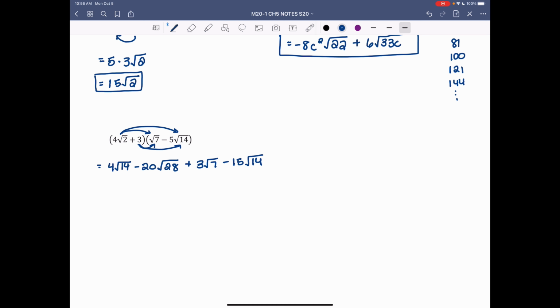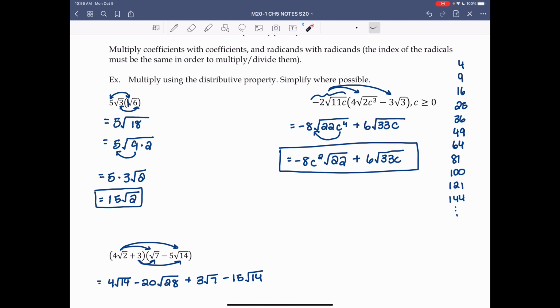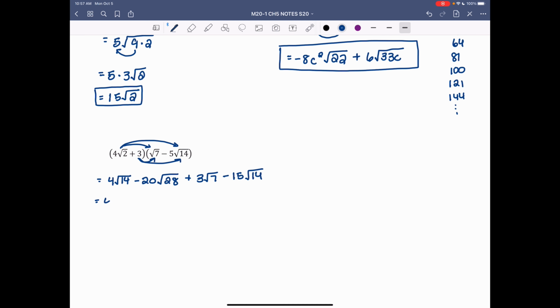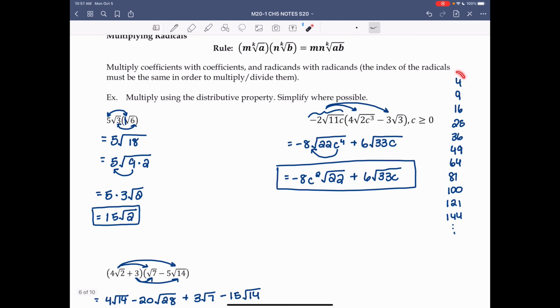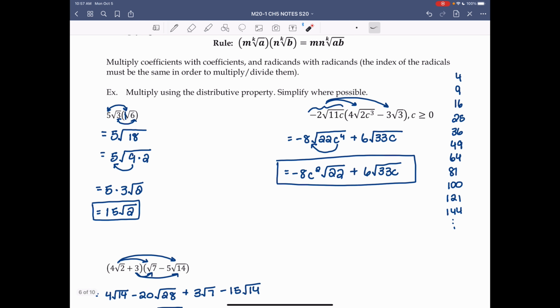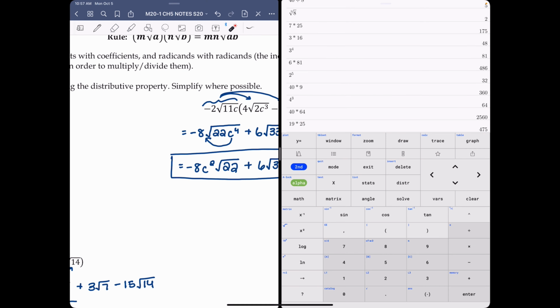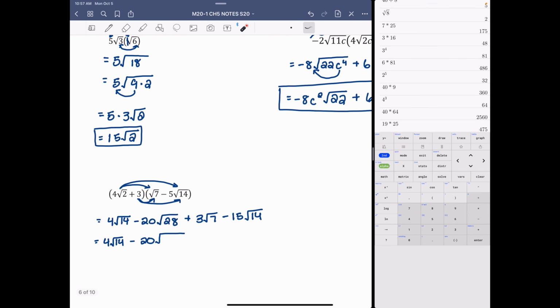We want to simplify. Half of 14 is 7, so our only perfect square that we can even consider is 4, and 14 is not divisible by 4. So we can't simplify square root 14. Square root 14 is as simplified as it gets. Then square root 28: half of 28 is 14, so in our list of perfect squares, we can look at 4 and 9. 28 divided by 9 is going to give us a decimal, but 28 divided by 4, we get 7.